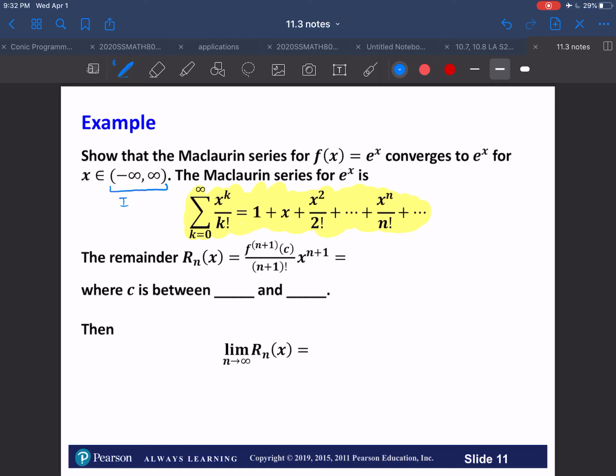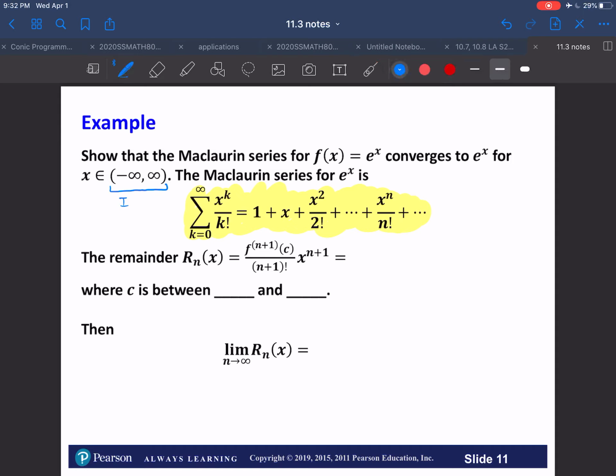So let's think about this for a second. What is the n plus first derivative of our function evaluated at c? Well, first of all, any derivative of e to the x is just e to the x. So the n plus first derivative should be e to the x as well. If we plug in c, then it's e to the c.